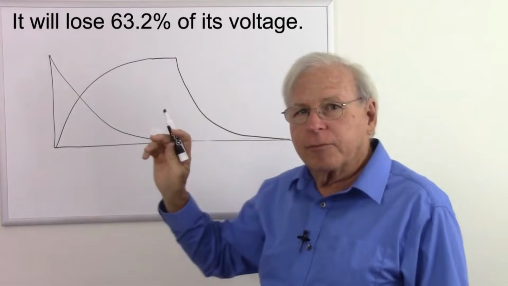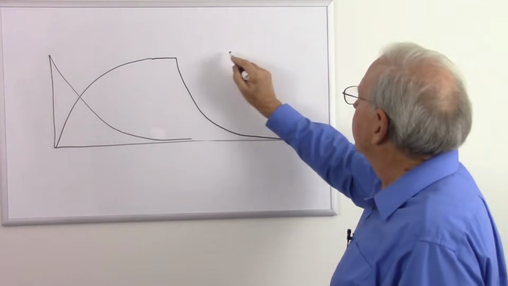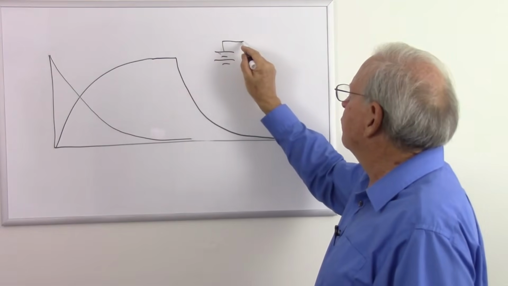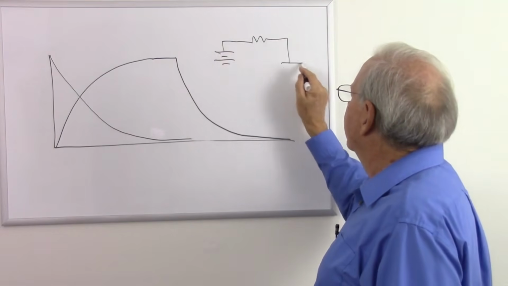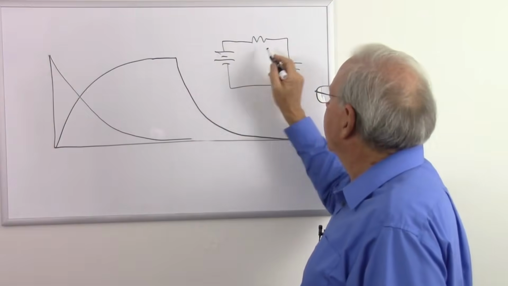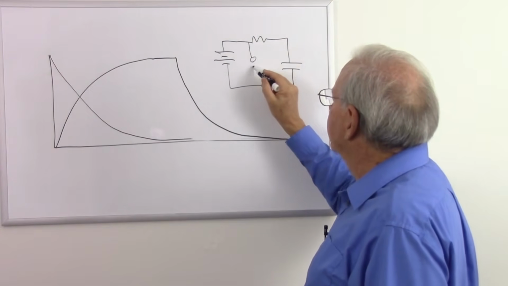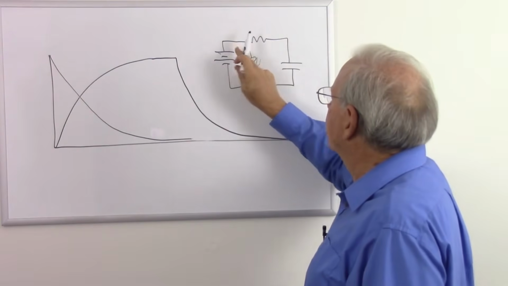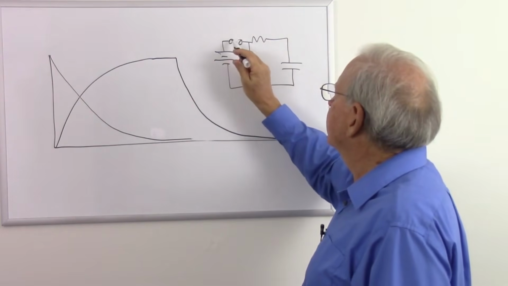The current's going to do something kind of funny because, let me redraw the circuit here, resistor and capacitor. And I'm going to be discharging. So I'll have this switch closed and that switch open.